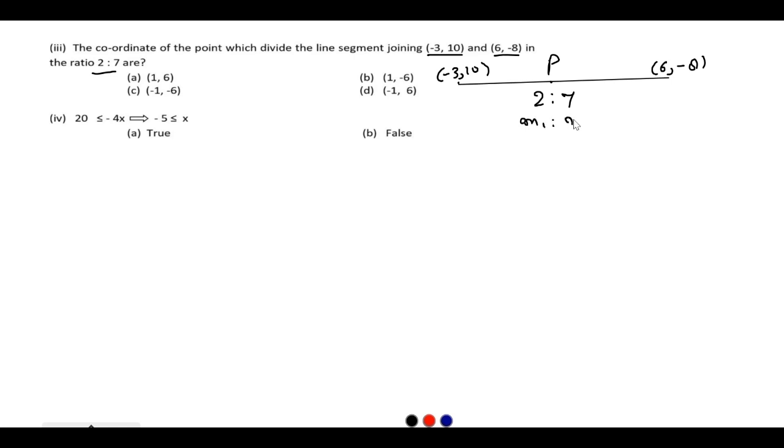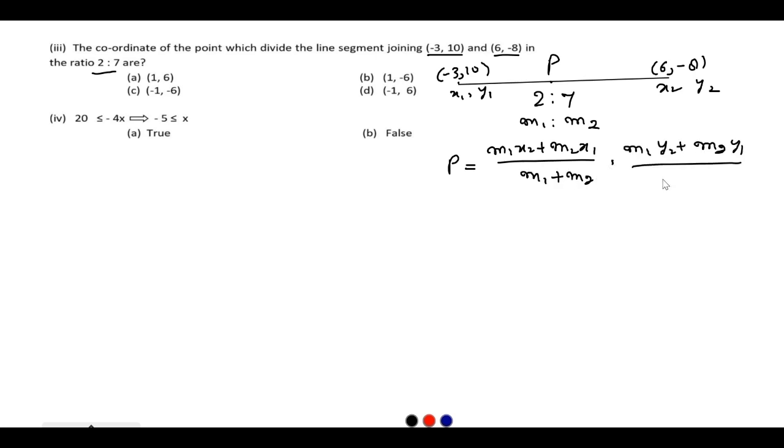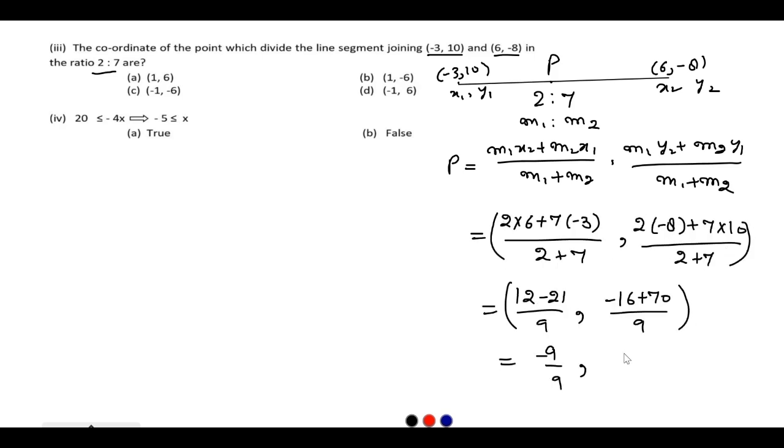Apply the section formula and find the coordinates of P. According to the section formula, the x coordinate of P will be (m1 x2 plus m2 x1) upon (m1 plus m2). Similarly, the y coordinate. Coordinates of P are (-1, 6). Means option D is the right option. Now write your answer.